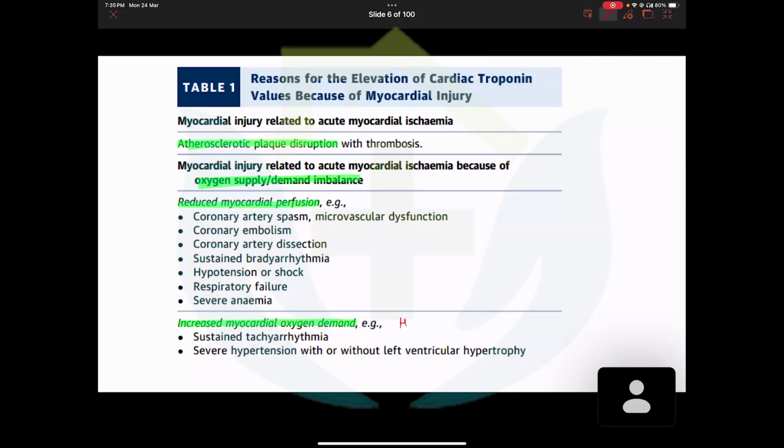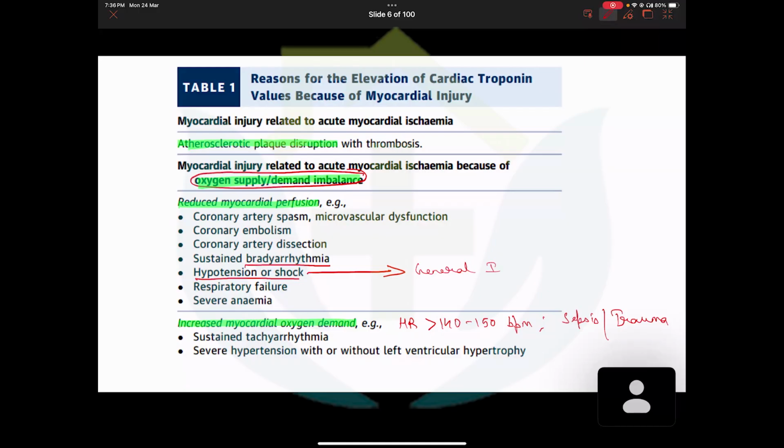A patient who has a heart rate of more than 140 or 150 beats per minute, which is common in any case of sepsis or trauma patients, has more chance of this oxygen supply-demand imbalance. Other than that, reduced myocardial perfusion can occur because of the opposite, that is bradyarrhythmias, persistent hypotension or shock, once again in a general ICU.